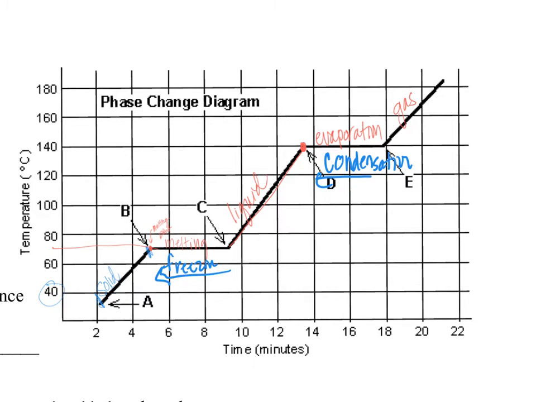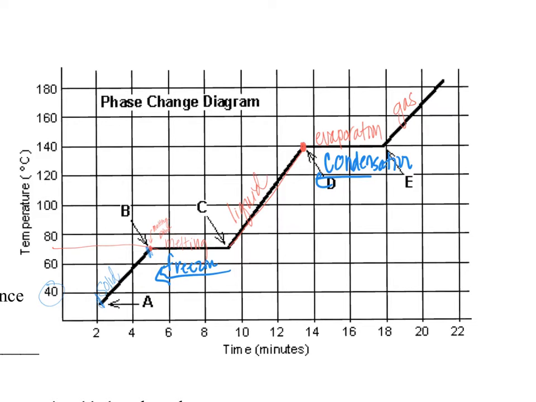So these are some points here that you guys need to be aware of as you're moving through this. If I'm using the blue pen, I'm going down the graph, but if I'm using my red pen, I'm moving up the graph, okay?